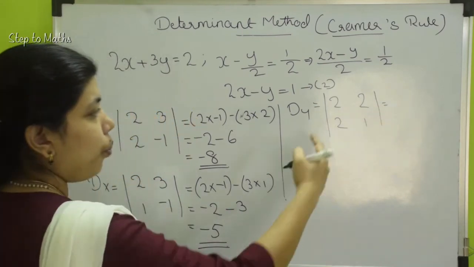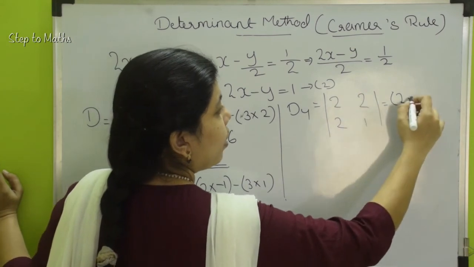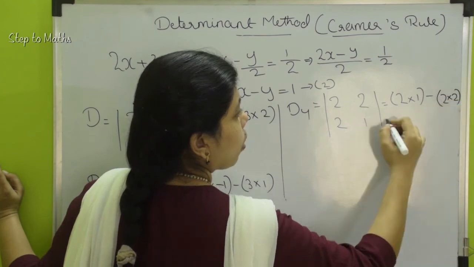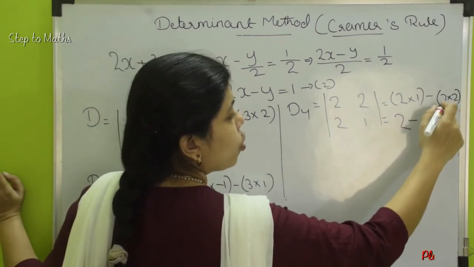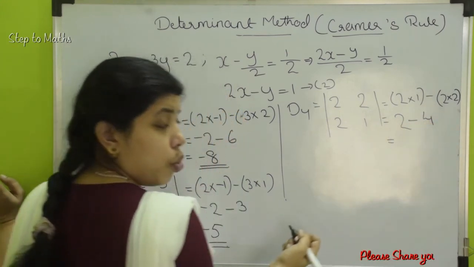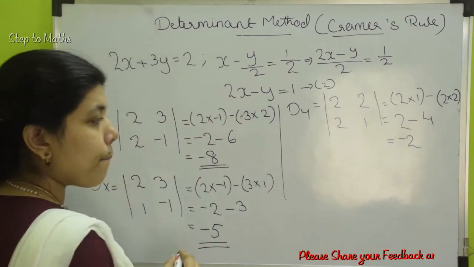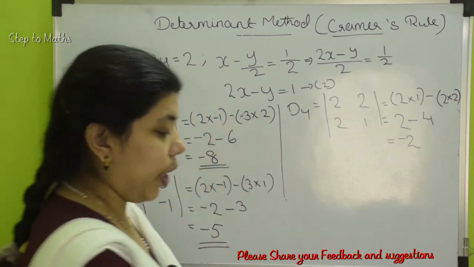Find its value. 2 into 1, 2, minus 2 into 2, 4. 2 minus 4 is equal to minus 2. Now we get the values of d, dx and dy.